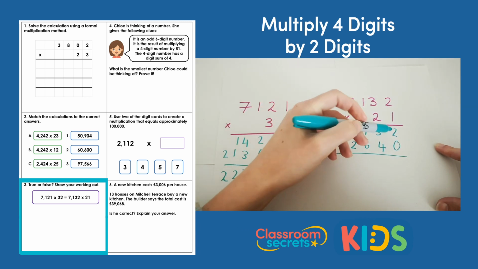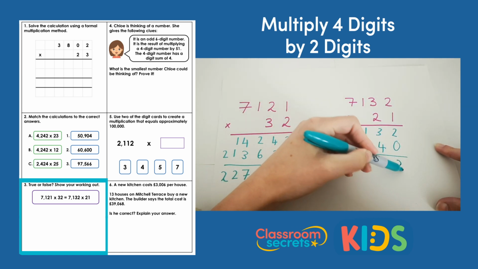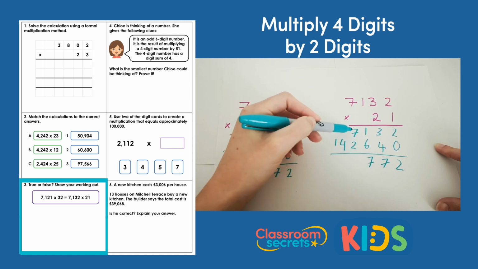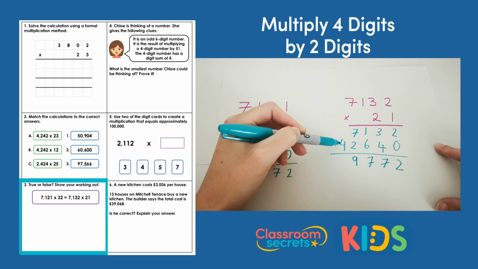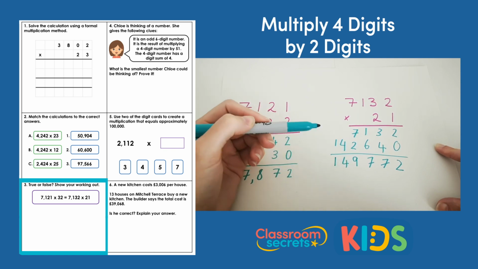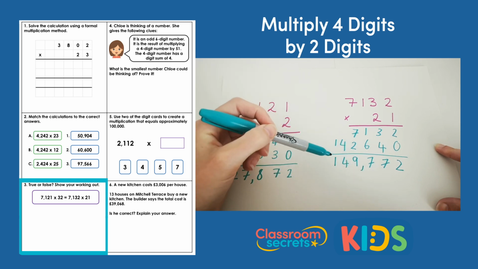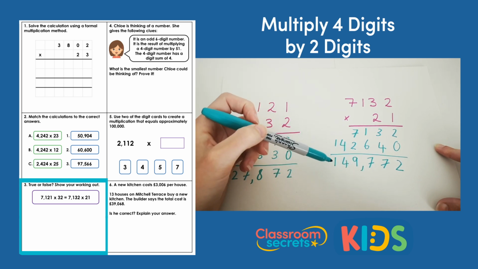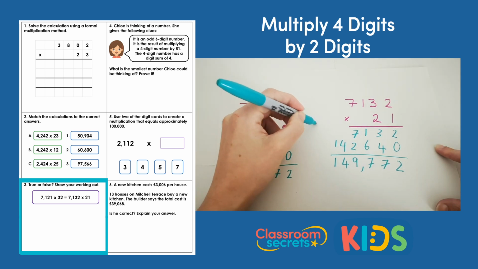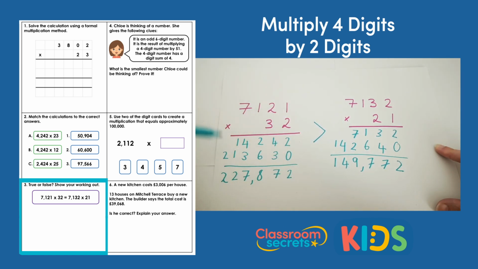So we add them together. 2 add 0 is 2, 3 add 4 is 7, 1 add 6 is 7, 7 and 2 is 9, 4 add nothing is 4, 1 add nothing is 1. So the answer to this calculation is 149,772. So they're definitely not equal. The symbol that should go in between these two calculations is this one, because this is greater than this.